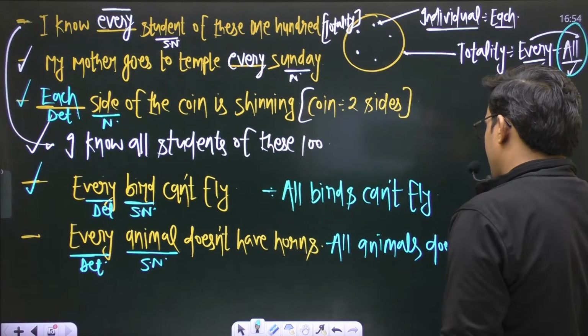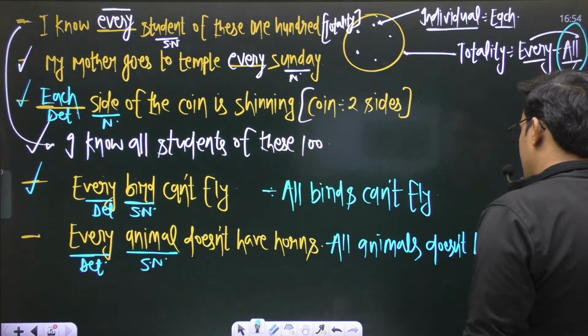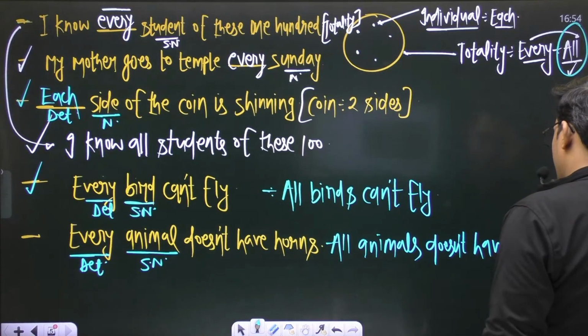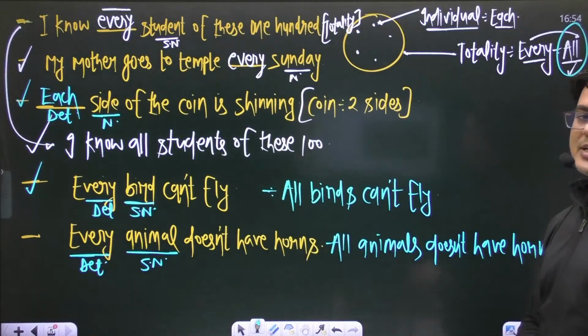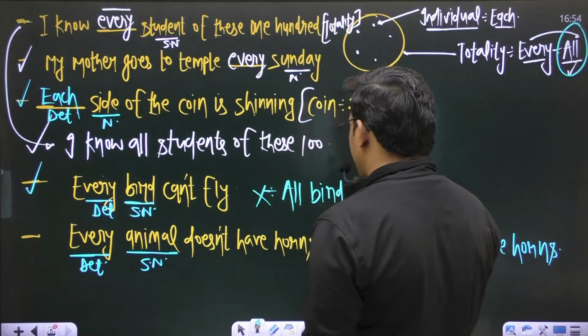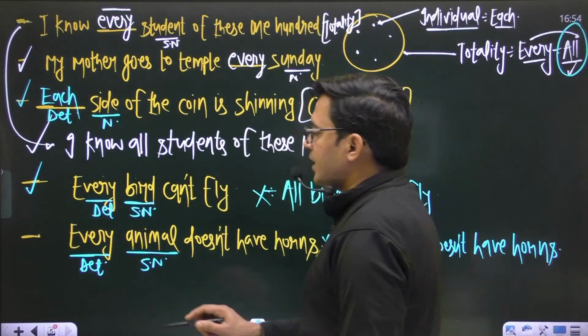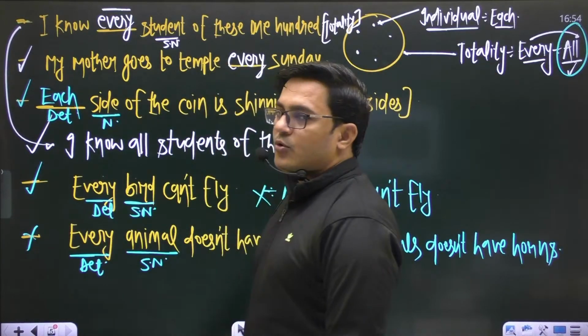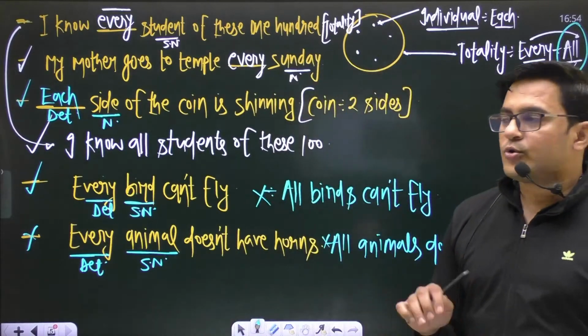All animals does not have horns. ये सेंटेंस कुछ ऐसे हो जाएगा, ठीक है? All animals does not have horns, जो है लॉजिकली रॉन्ग हो जाएगा, ठीक है? मीनिंग के अकॉर्डिंग यदि आप देखें तो ये रॉन्ग हो जाता है.